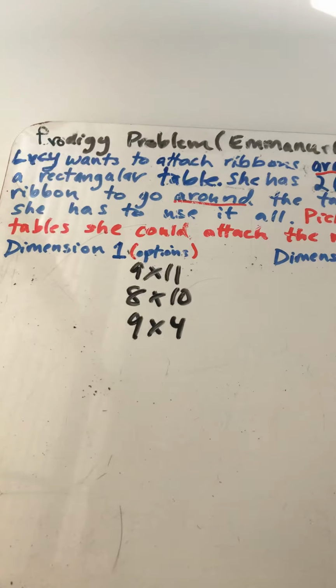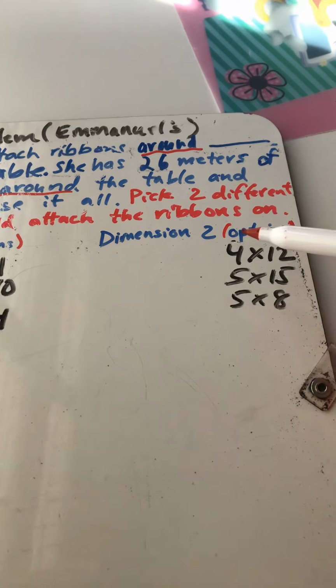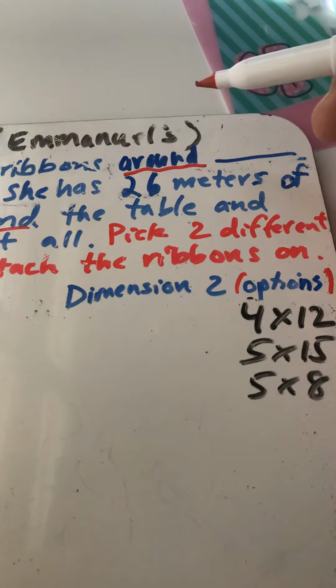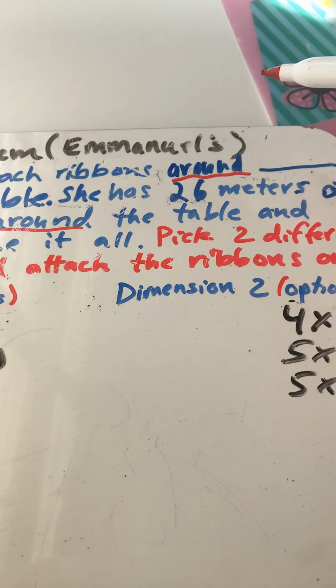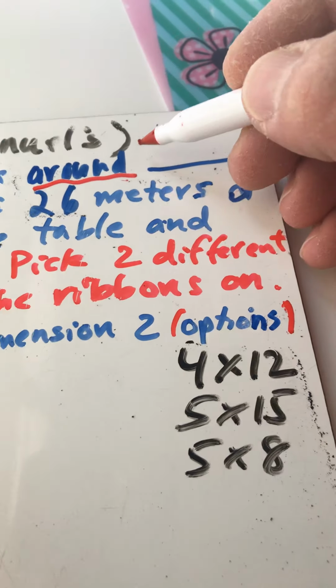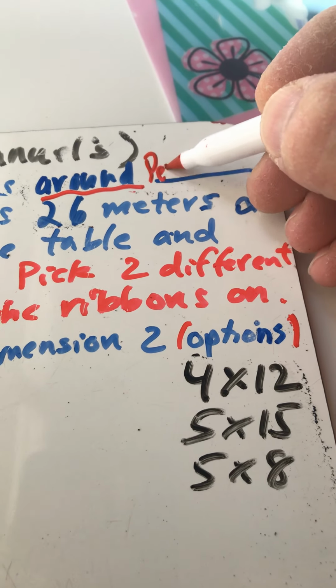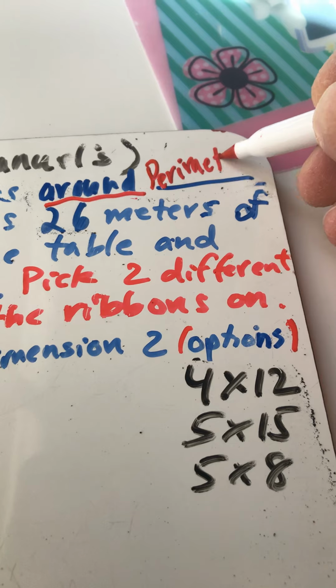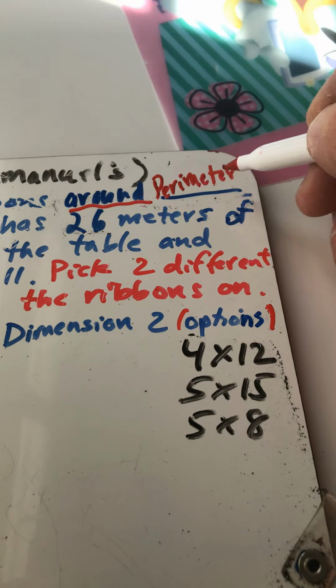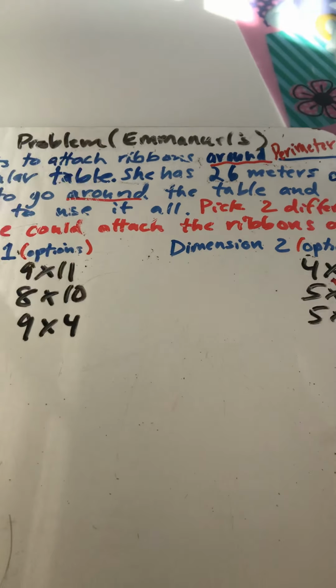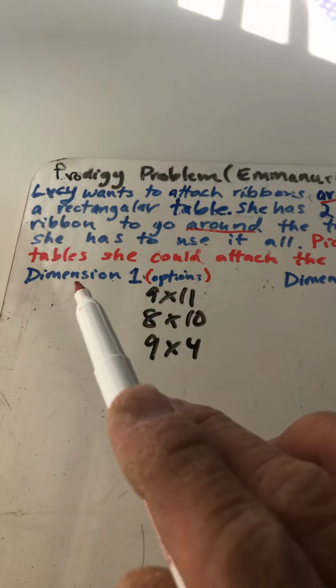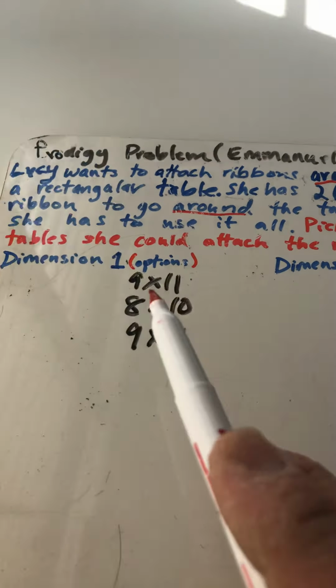Pick 2 different tables she could attach the ribbons on. I've been stressing this word, around. That tells me that we are doing perimeter. And perimeter is the measure around a figure, okay?